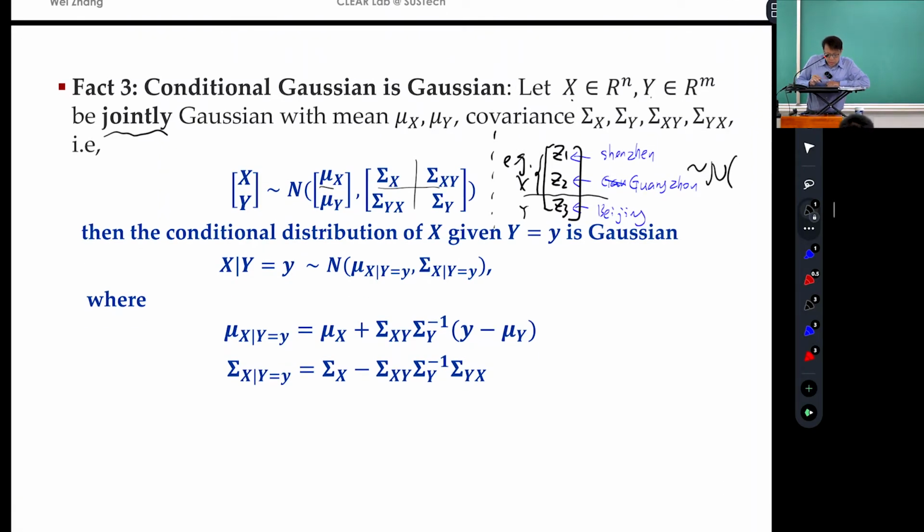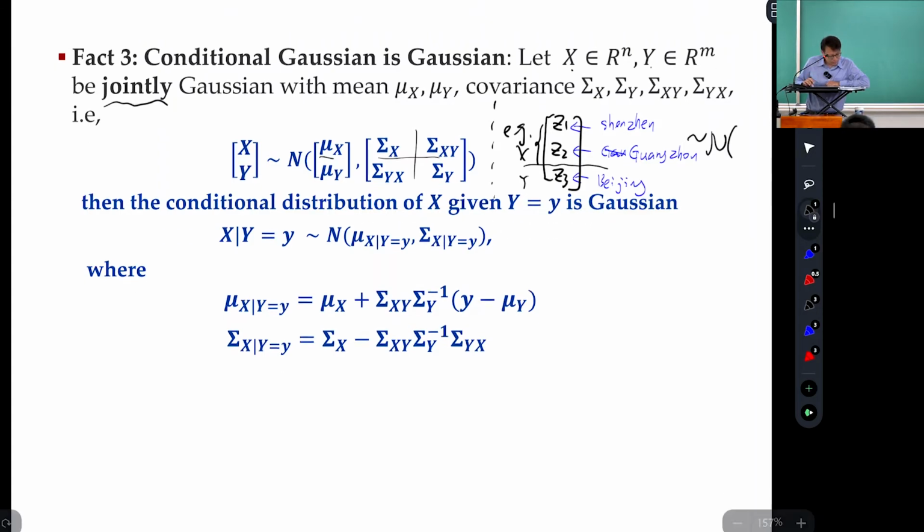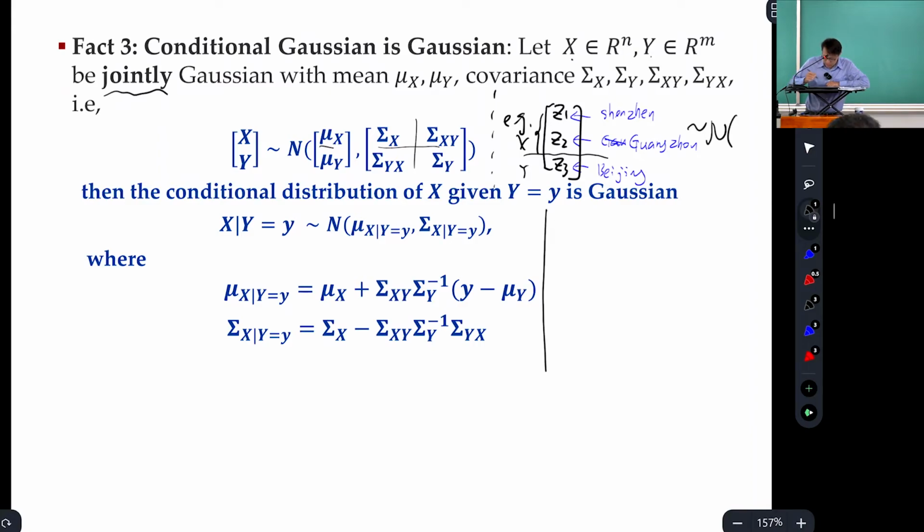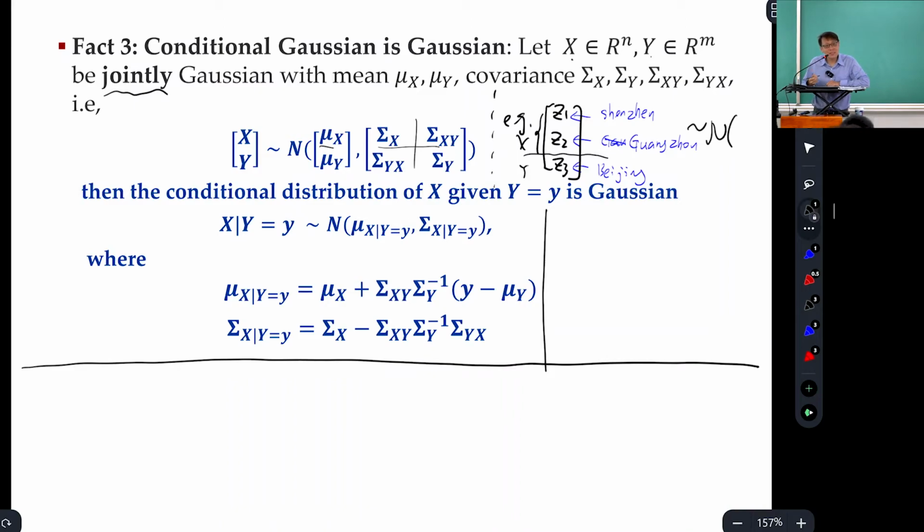So the conclusion is that the conditional distribution of x given y is Gaussian. Although I have explained this many times, I want to write it down again so that you can think, not only memorizing the formulas.